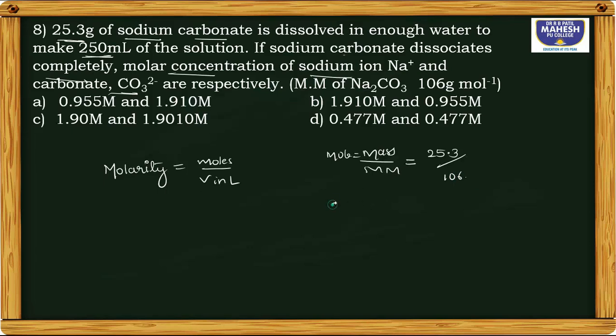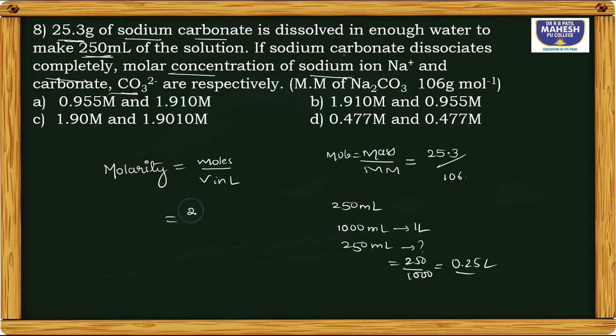And next they have given 250 ml, so we have to convert that into liters. We know that 1000 ml is 1 liter. Then 250 ml is how many liters? It is 250 divided by 1000, which is nothing but 0.25 liters.